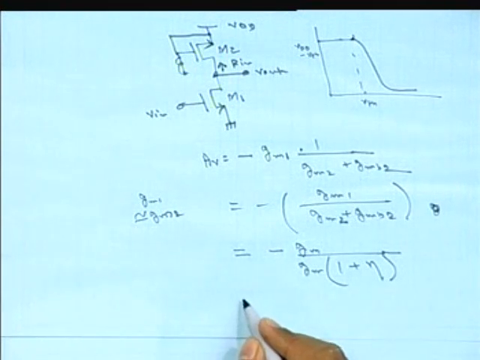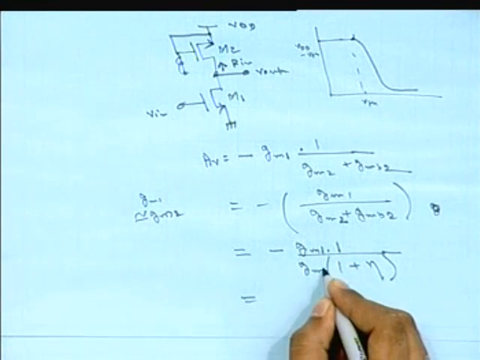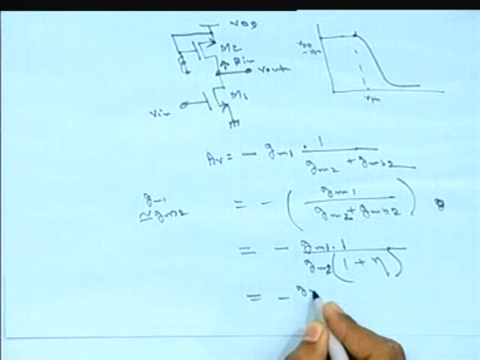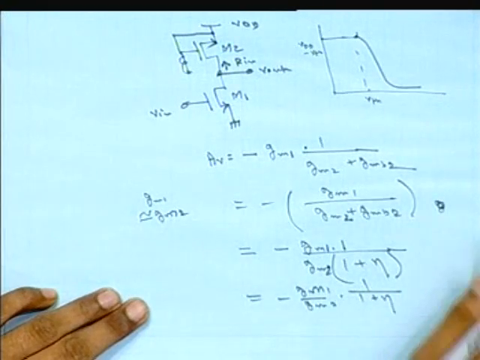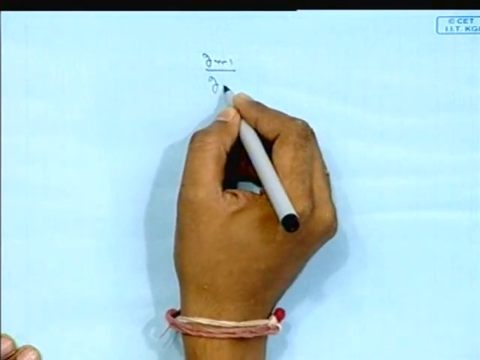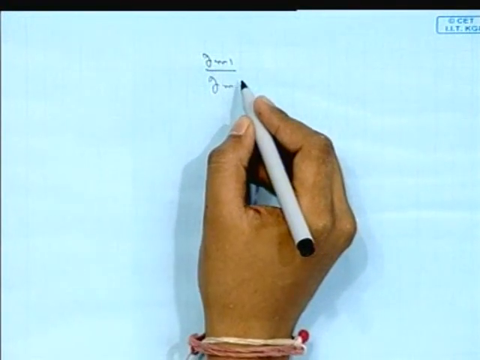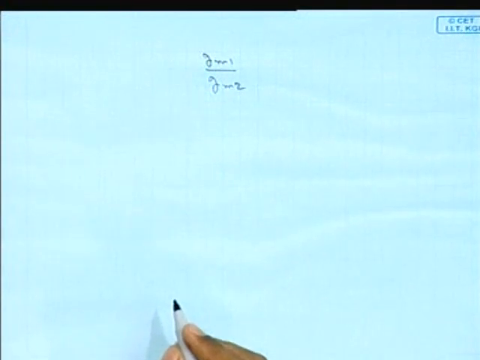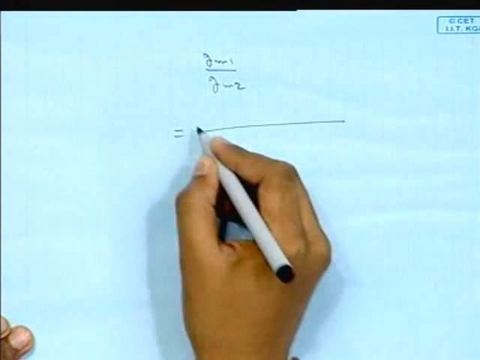So we can take it common in the lower side, and this will be given by that. I say that this is Gm1 by Gm2 into 1 by 1 plus eta. Then the main thing is what is the Gm1 by Gm2, because 1 by 1 plus eta is constant and it solely depends on the process. So what is the ratio of Gm1 by Gm2? It may be equal or anything else. So how can we decide that?